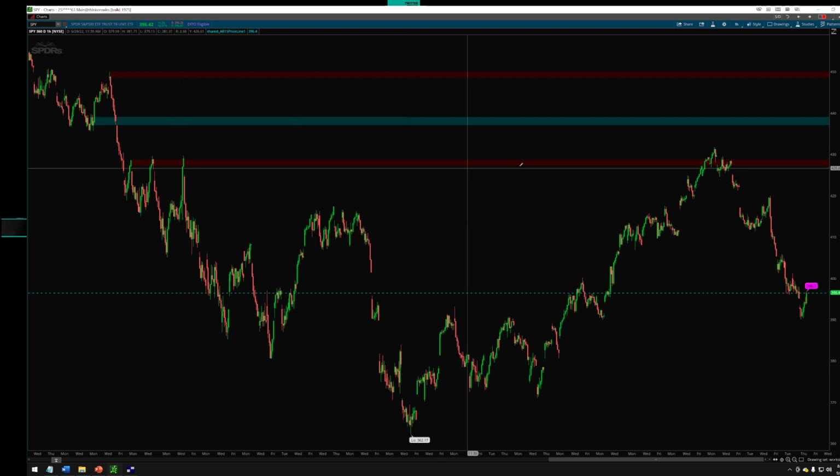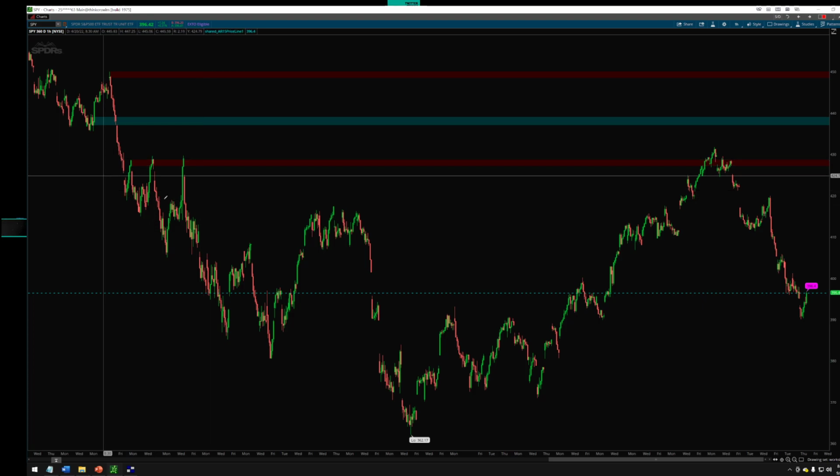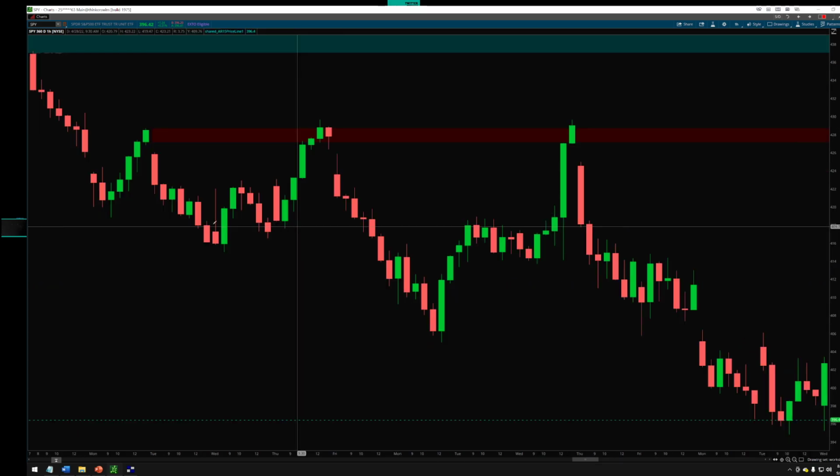So we have another zone here, and if you see, we have another one right here. We have a big move here, so for example, the movement started here, so from open to close, including the wick.